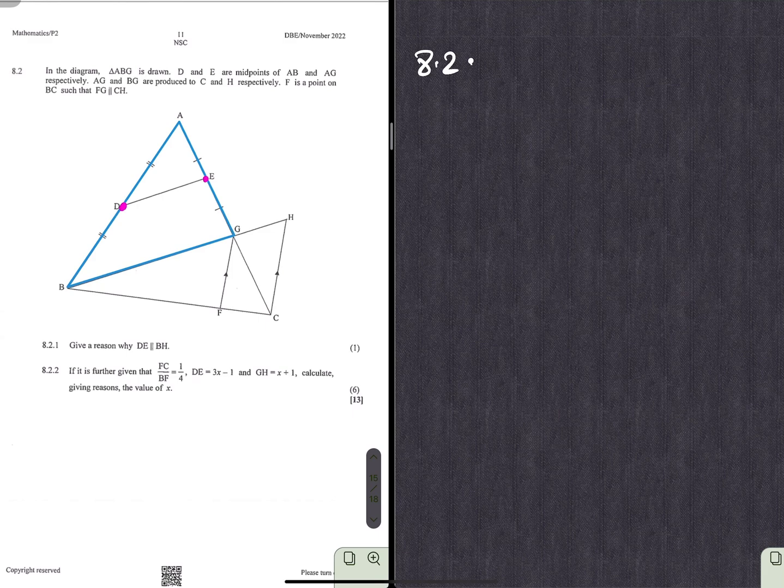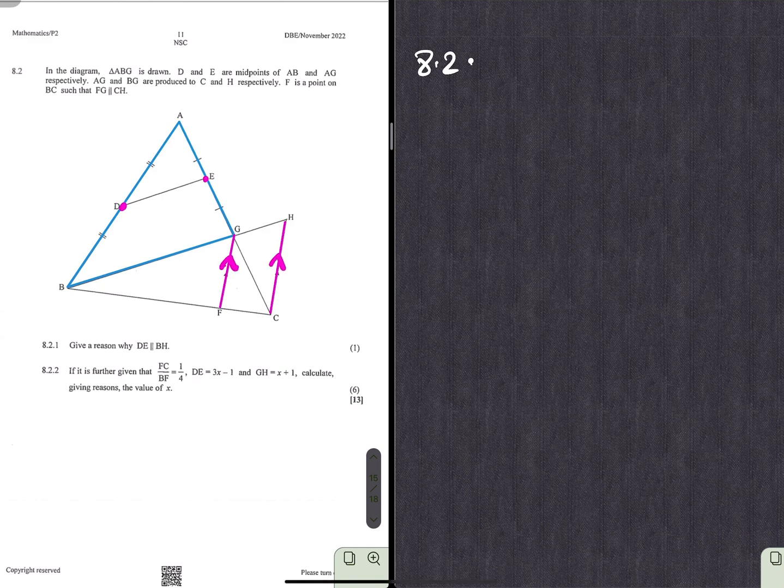Now, what is happening? They say that AG and BG are produced to C and H respectively. That is correct. F is a point on BC such that these lines are parallel.